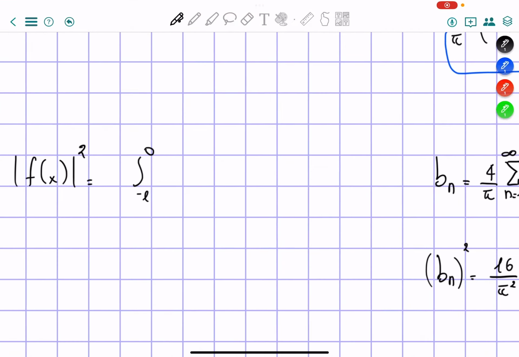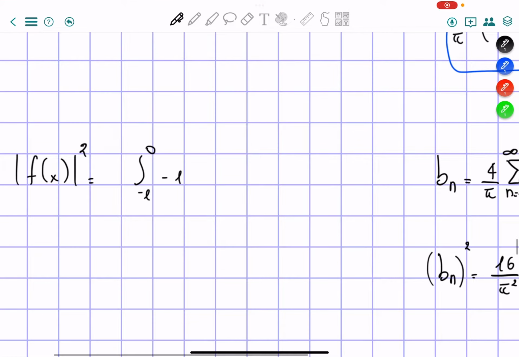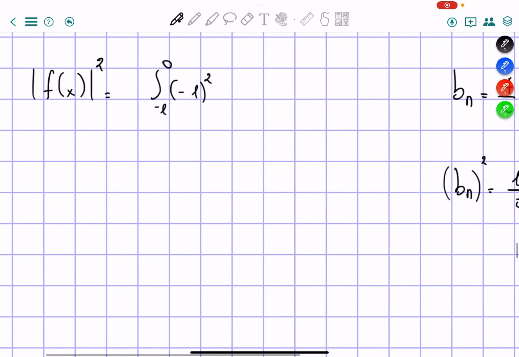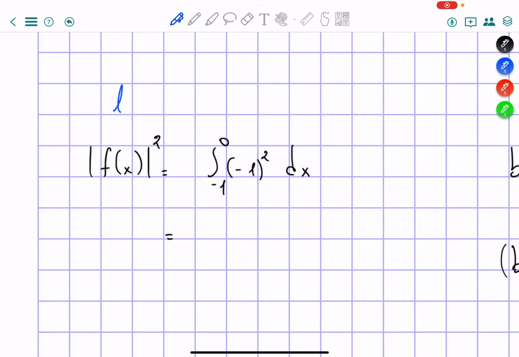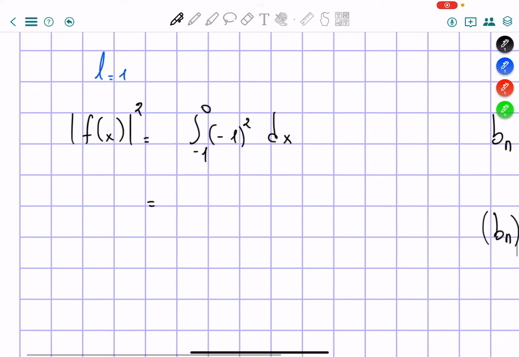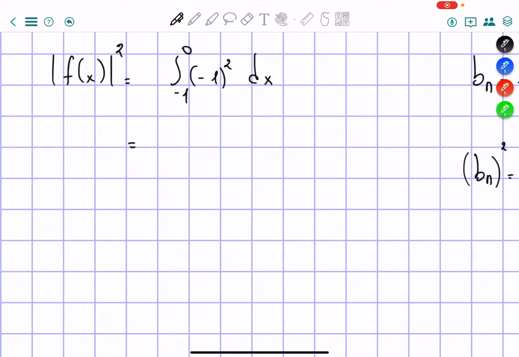Yes, of negative 1, and this negative 1 should be squared, dx. So we're trying to take this negative L to be equal to 1. So if we assume that L is equal to 1, it doesn't matter what you choose, it's always going to be simplified in the end.